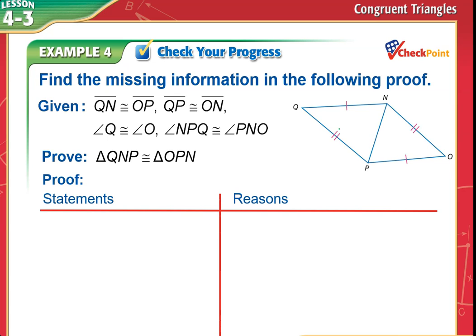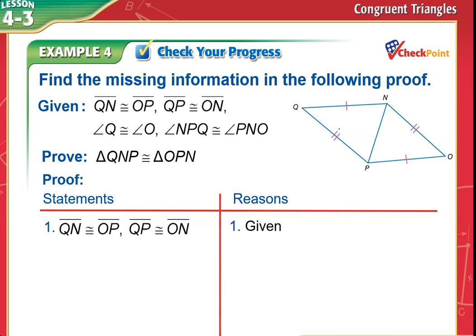All right, find the missing information in the following proof. Okay, so we're just going to walk this one together. So we have QN is congruent to OP and QP is congruent to ON. And that's just given, and those are given by the tick marks.